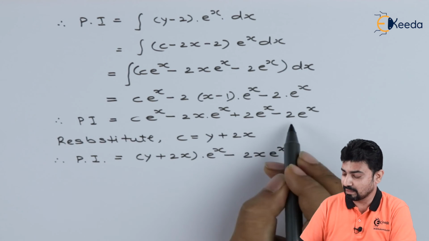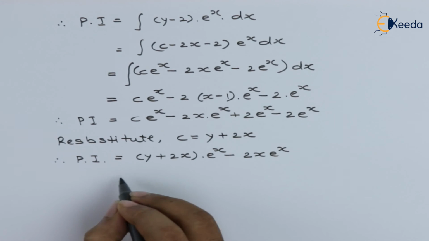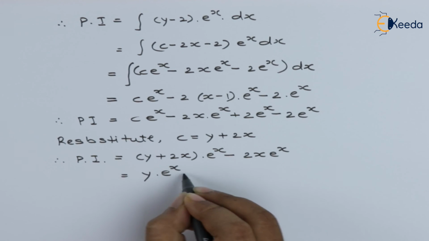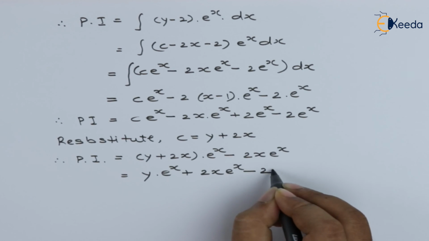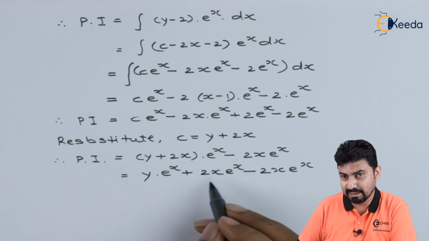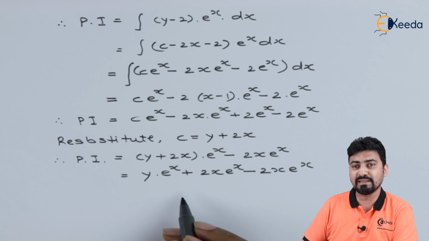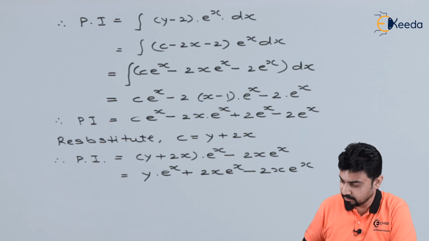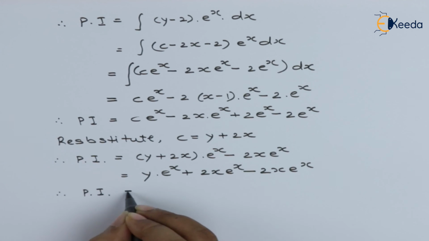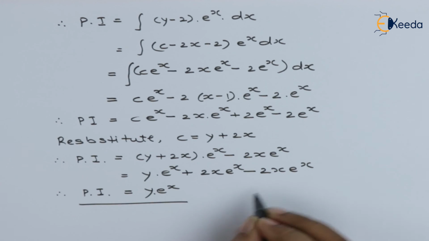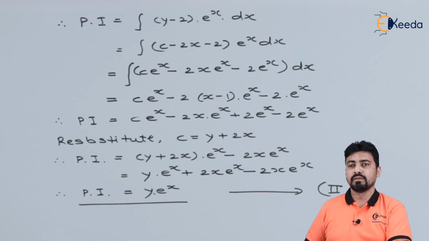The last two terms got cancelled. Open the bracket here. These terms also will get cancelled and therefore our final answer for particular integral will be this. This was the second part of the solution.